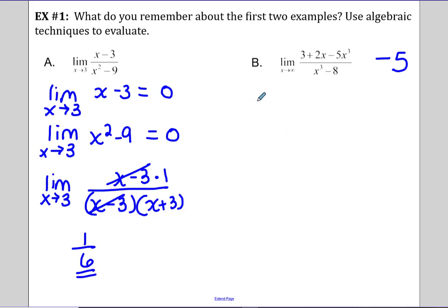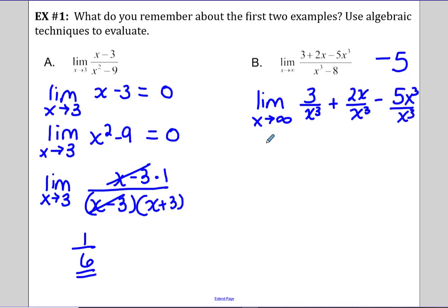But you could also use the algebraic technique we called the dividing out technique, where you divided the numerator by the highest degree term in the denominator, and did the same thing in the bottom.